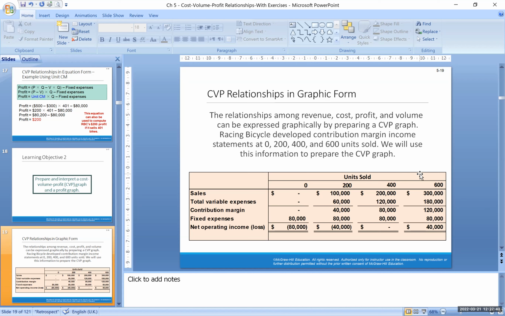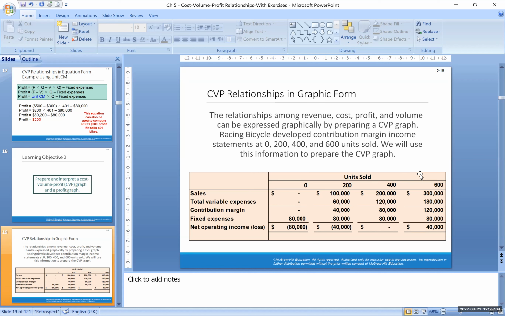Just to remind you from chapter 1, the word variable cost means I will pay that cost if I have the units or the level of activity. If I don't have a level of activity, I will not pay that variable cost.